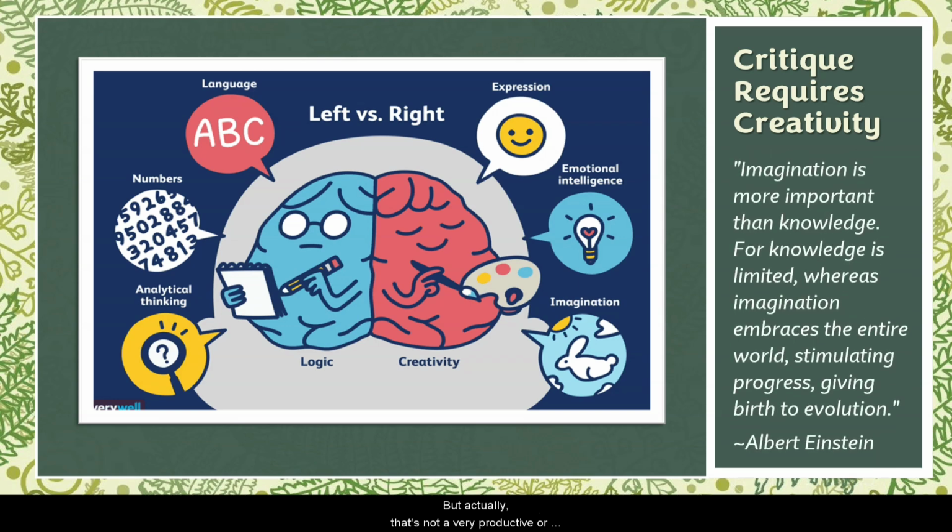But actually, that's not a very productive or accurate mindset. I'll share this quotation from Albert Einstein. "Imagination is more important than knowledge, for knowledge is limited, whereas imagination embraces the entire world, stimulating progress, giving birth to evolution." And we can see this idea repeated through the most iconic critical thinkers throughout history.